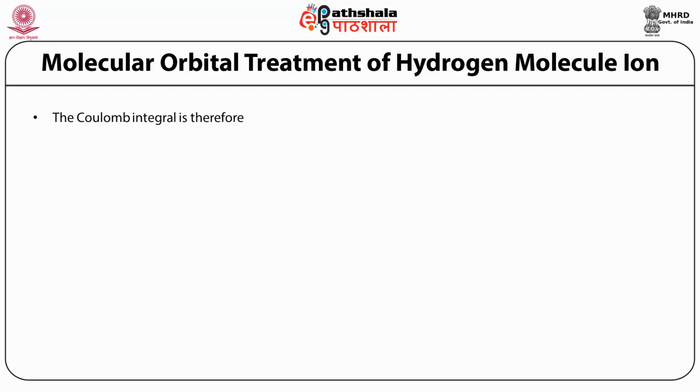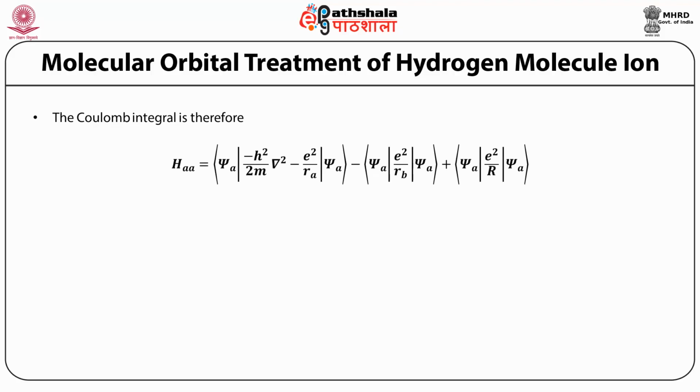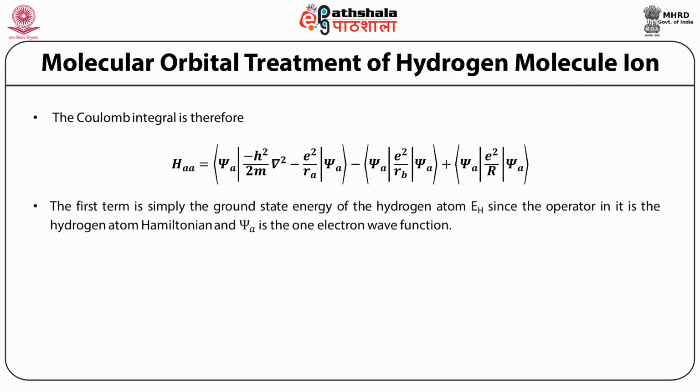The Coulomb integral HAA is therefore equal to the integral of psi A (minus h square upon 2m del square minus e square upon RA) psi A, minus psi A e square upon RB psi A, plus psi A e square upon R psi A. The first term is simply the ground state energy of the hydrogen atom EH, since the operator in it is the hydrogen atom Hamiltonian and psi A is the one electron wave function.